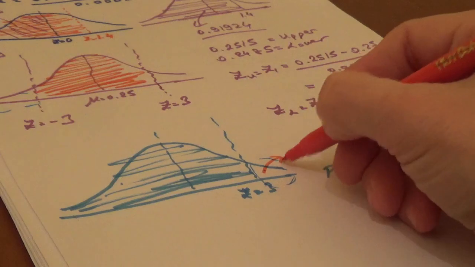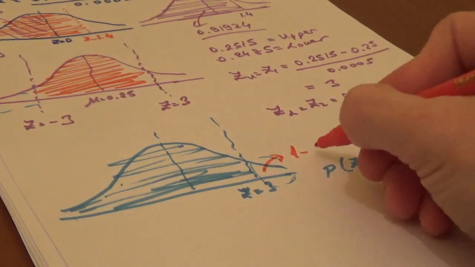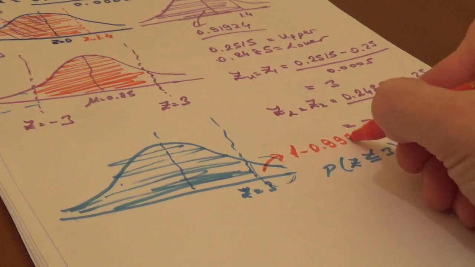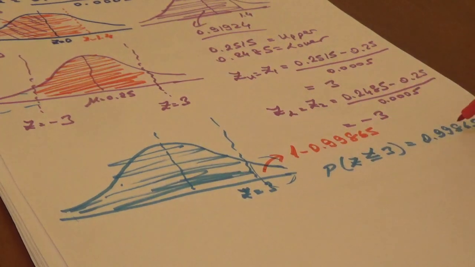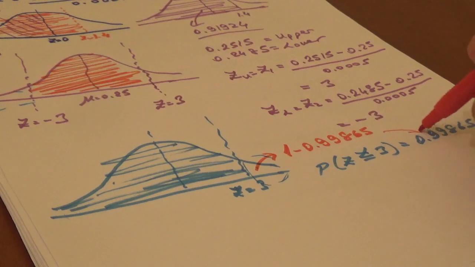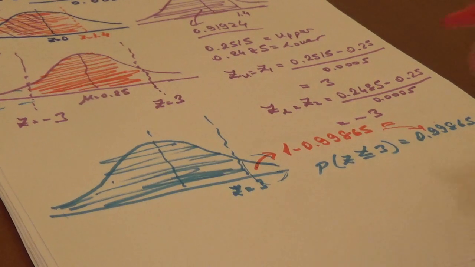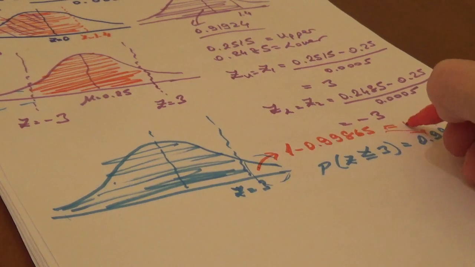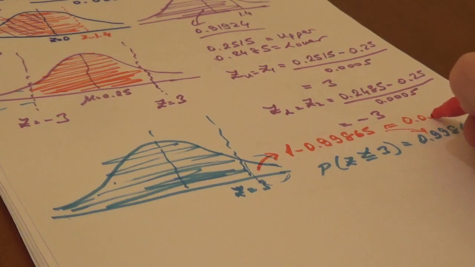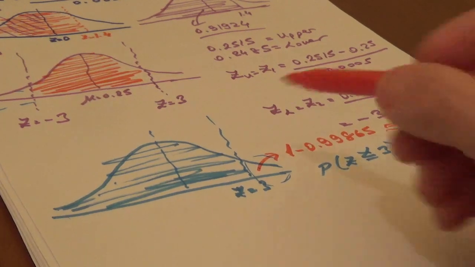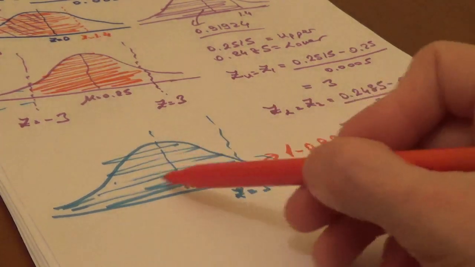This part is 1 minus 0.99865, which is 0.00135. So we know this area.